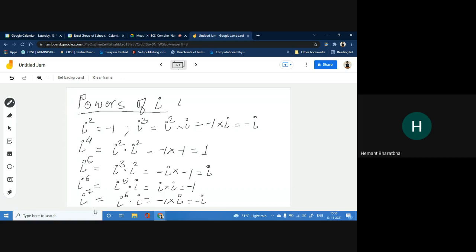Suppose if I'm writing i raised to 7, which can further be written as i raised to 6 into i. Now i raised to 6 is minus 1 into i, that is going to give me minus i.